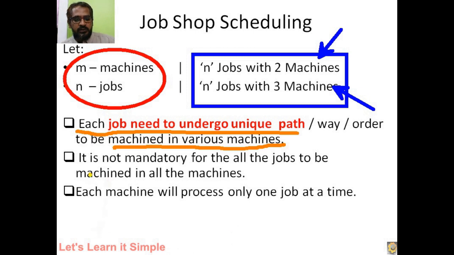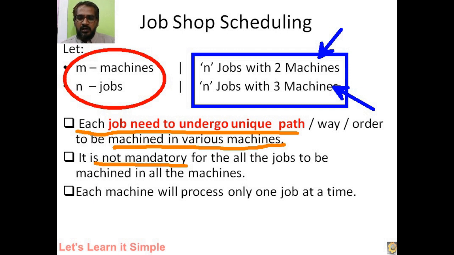Now the second point to be noted is that it is not mandatory for all the jobs to be machined in all the machines. If you have 3 jobs and 4 machines, maybe job 1 and job 2 need to be processed in all the 4 machines, while the third job may or may not.